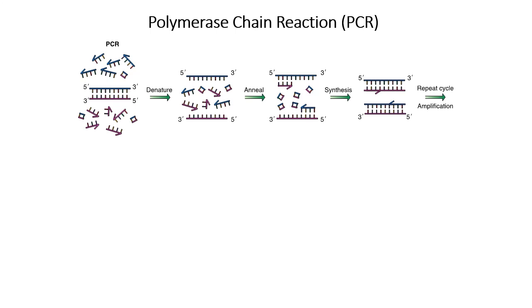Initially, 2 oligonucleotide primers, or short pieces of synthetic DNA with sequences designed to anneal or stick to regions flanking the DNA sequences to be amplified, are designed and synthesized chemically. DNA containing the target sequence to be amplified is mixed together with oligonucleotide primers, free nucleotides, and heat-stable DNA polymerase enzymes.